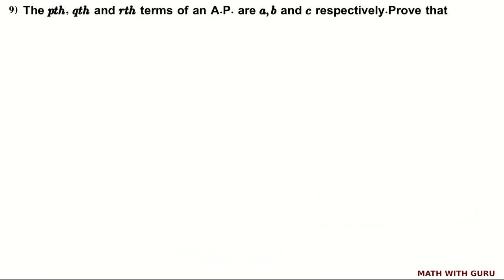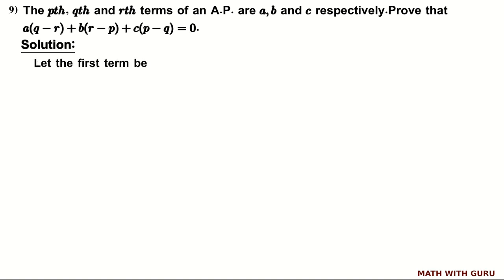9th question. The pth, qth and rth terms of an AP are a, b and c respectively. Prove that a into q minus r plus b into r minus p plus c into p minus q equals 0.